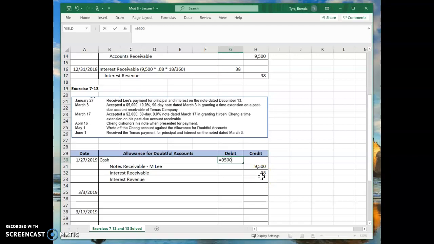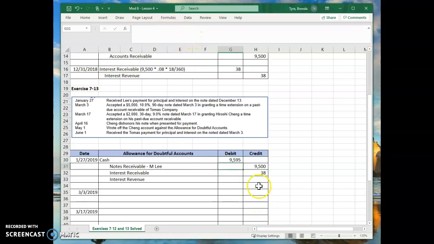We should have collected $9,500, right? 9,500 times 0.08 times 45 divided by 360. $9,500 face value, 8%, 45 days, 360 days in a year. So we know that should be $95. We already had $38 in the year before, so I know that this plus the 9,500, I also received that.